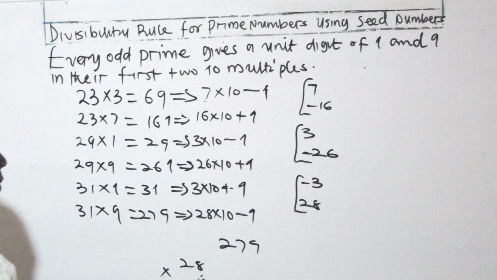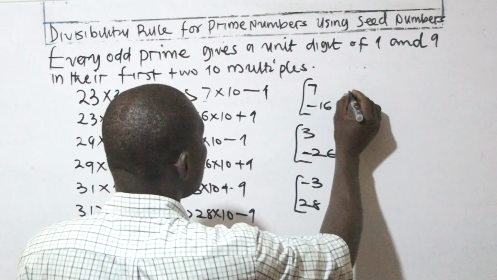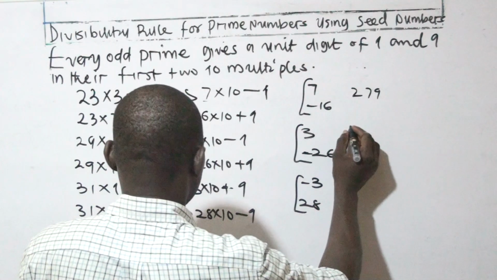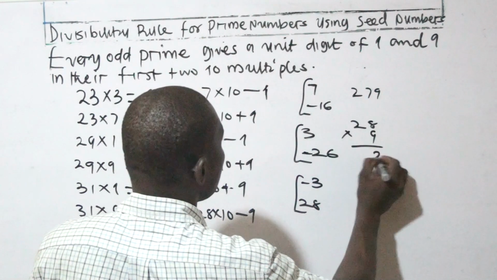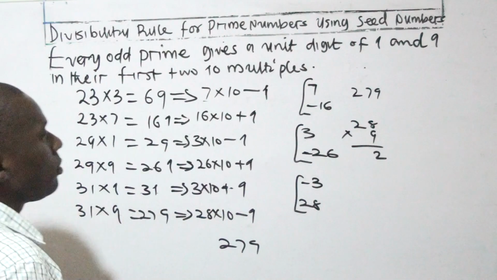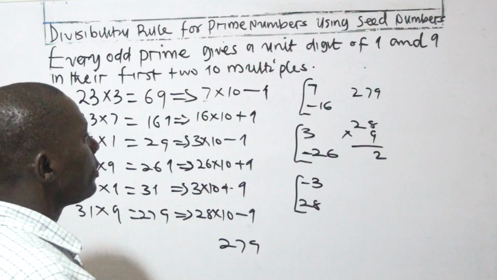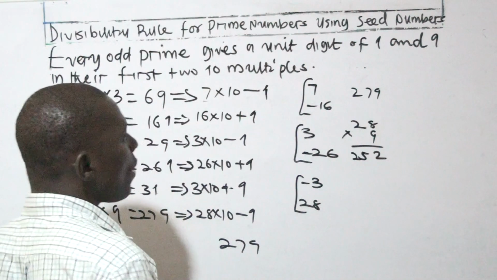28 times 9. 9 times 8 is 72. We're looking at this 279, so here we're looking at 9, the unit digit, times 28. This is 72. 9 times 2 is 18, plus 7 is 25.